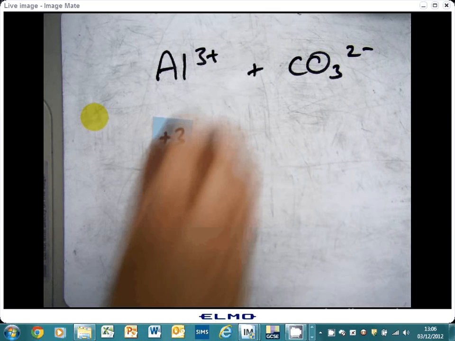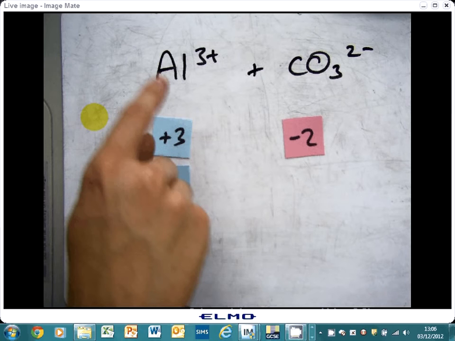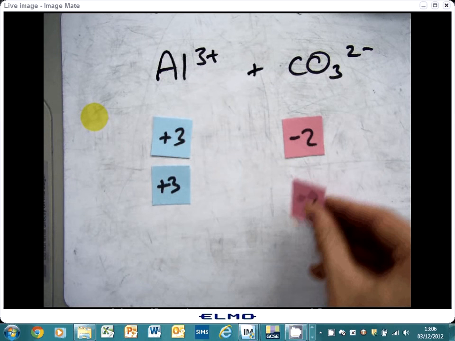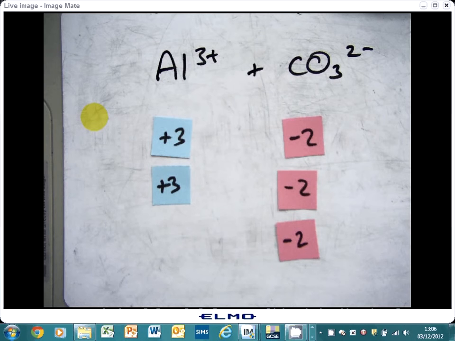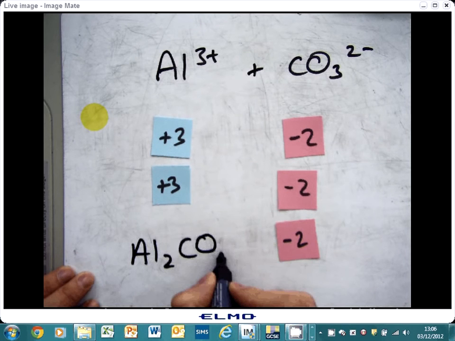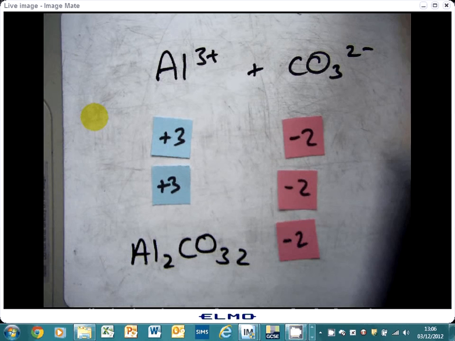I'd take my plus 3 for aluminium, and I'd take my 2 minus for CO3, and I'd work out how many I'd need. Again, making sure that I've got an even number on this side, so I can put another plus 3 in there, and then having a look, I need 3 minus 2s. The issue here is I can't write that.